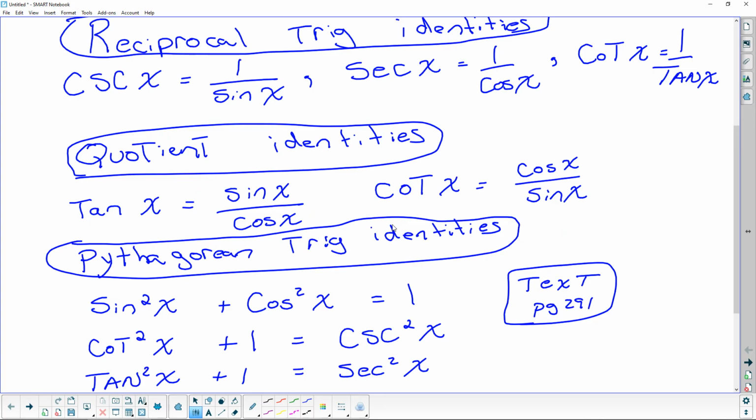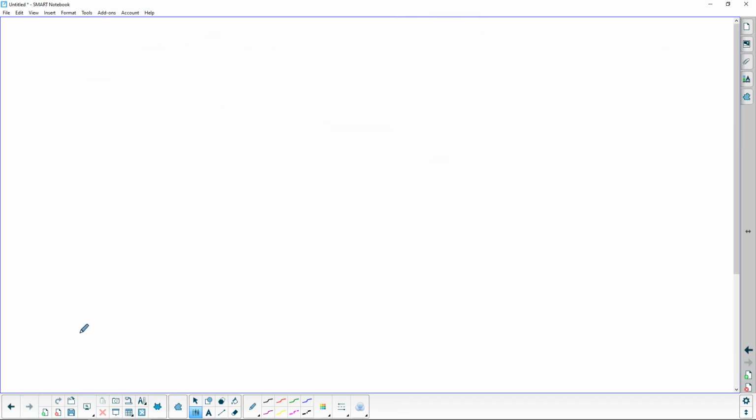So the first thing we're going to look at is verifying trig expressions and simplifying them down to see if they're true. That's the first type of question that shows up in this area. We're going to have this list in front of us, and we're going to use it. So the very first example that we're going to look at, and let me type this one in a little bit.